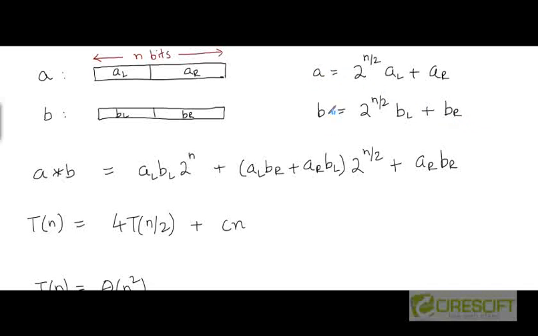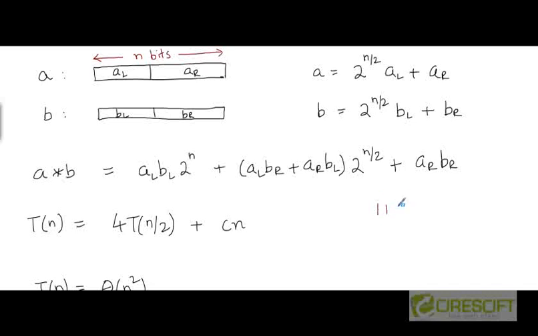That is, in order to generate a or b, we can take the first n by 2 bits, multiply them by 2 to the power n by 2, which is equivalent to shifting them to the left by n by 2 positions and filling in the remaining positions with zeros. And then we add the right half of a to that shifted string.